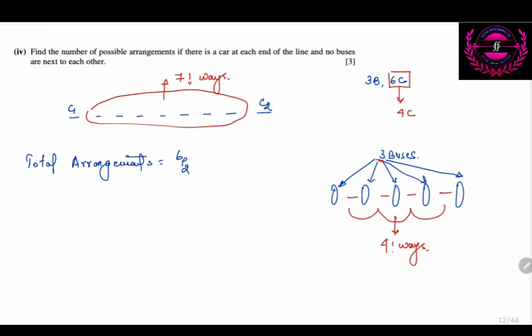For example, I have taken B1, B2, and B3 in the spacing, so I can arrange the buses as well. So I will write 5P3. So this selection and arrangement can be done in 5P3 ways. So I will write 6P2 into 4 factorial into 5P3 total ways. So this question was really interesting.